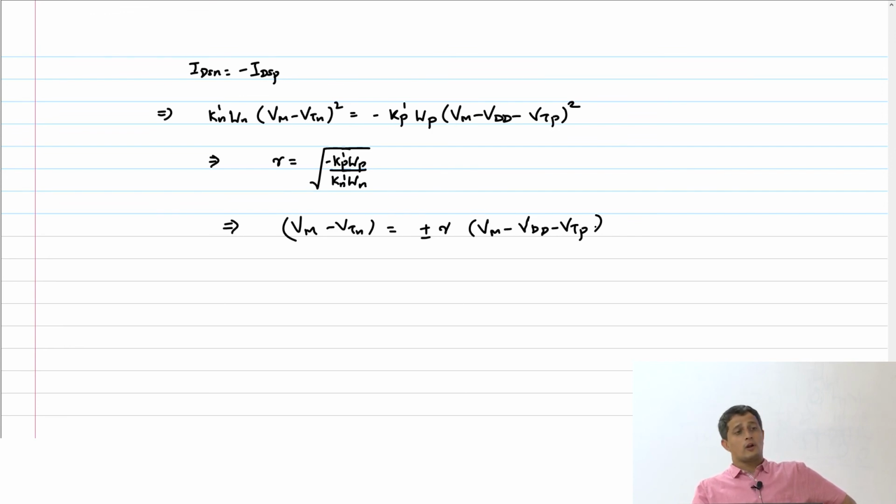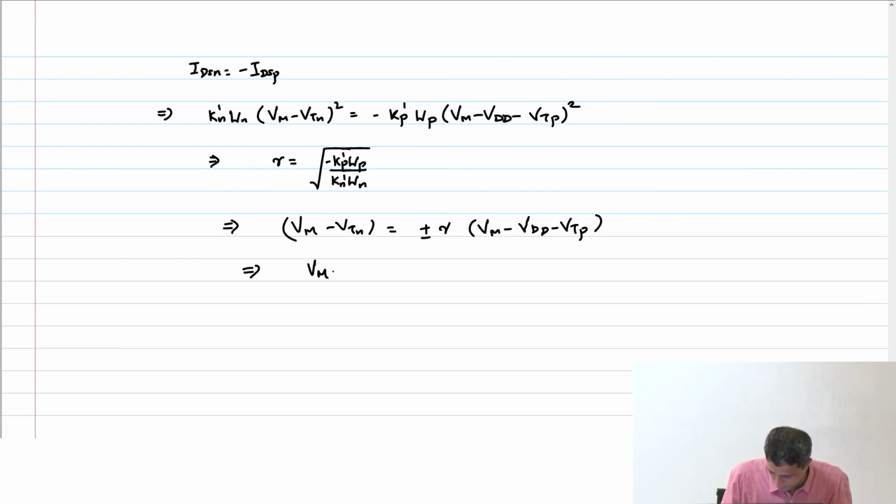Correct. So let's go with his argument first. If Vm minus Vtn has to be positive, then if I take plus R into (Vm minus Vdd minus Vtp), will that guarantee that this is always positive? So therefore the minus sign has to be taken there, correct?